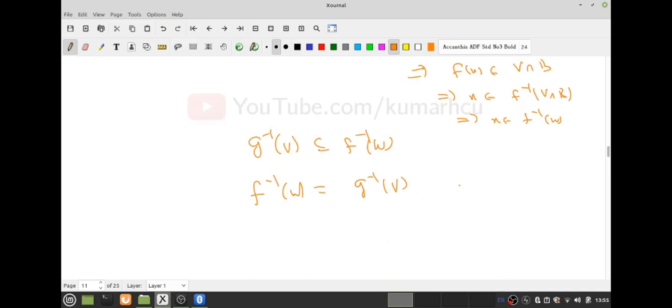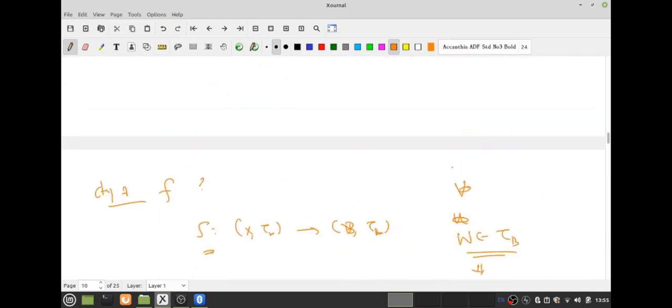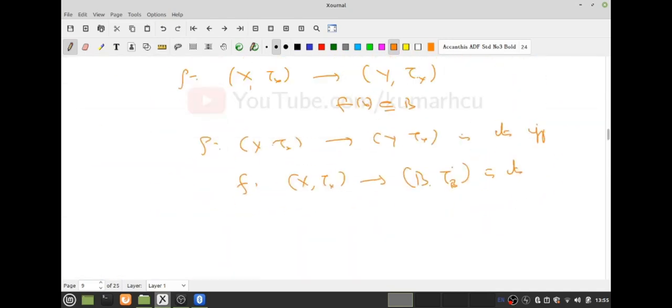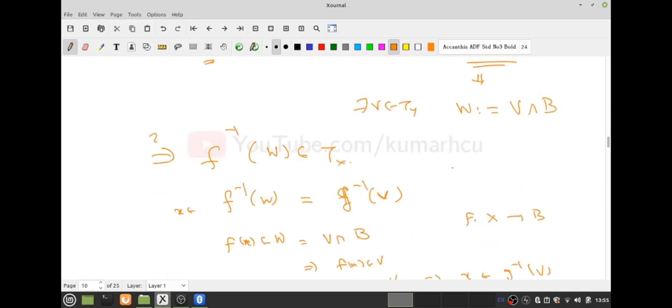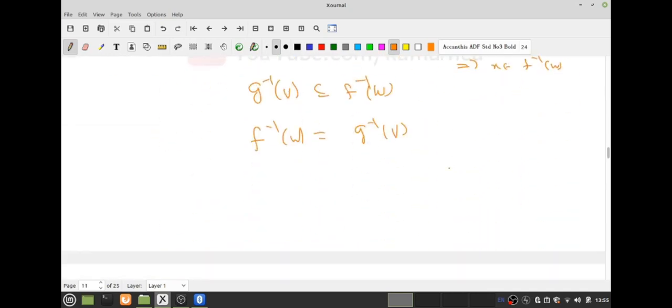But what is our hypothesis? The hypothesis is that g is given to be continuous. I want to know whether f is continuous. So I start with a subset w in τ_B, then I have to check f inverse of w is in τ_X.